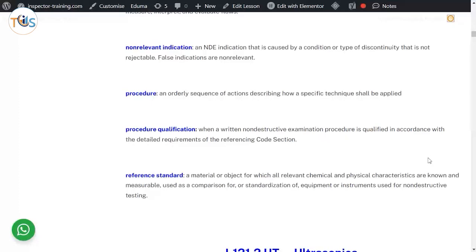For example, we got V1, V2 blocks with drilled holes in it, and if you can detect those holes, then that means first you calibrate your instrument, and at the same time also demonstrate that this procedure is working and you can detect the flaw or discontinuity.